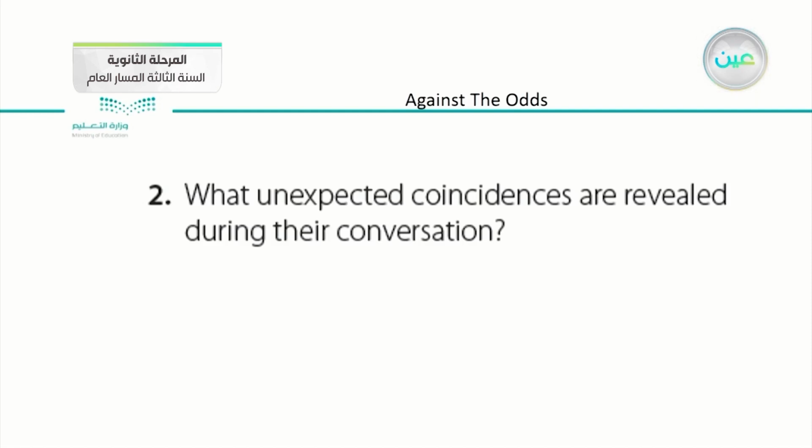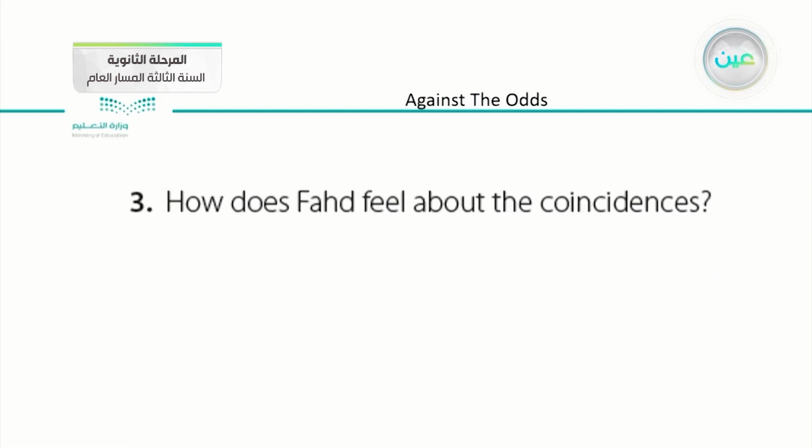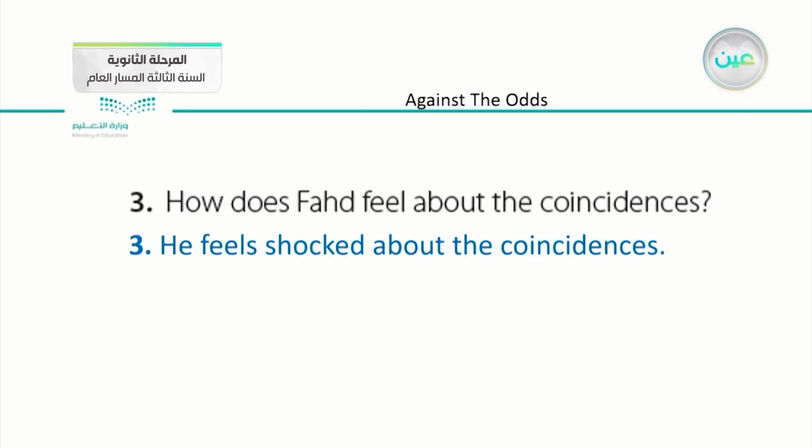Yes, they met each other in Beirut, and they both were studying pre-law. So they are both studying pre-law at the same college in Beirut. Number 3, how does Fahad feel about the coincidences? He said that I can't get over this. What does that mean? It means that he feels shocked about the coincidences.